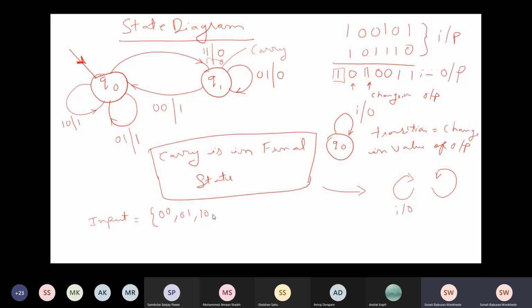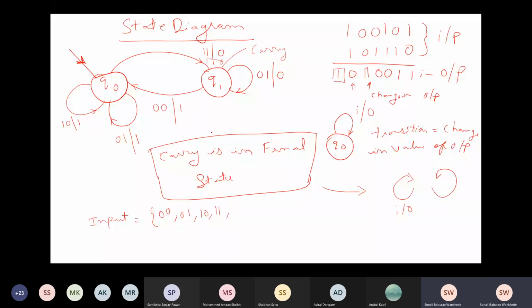And one more thing, you have 1 0. So 0 0 0 1 1 0 and 1 1. And what else? 0 1 we have already written here. 0 0 is also there. So these are the inputs. This many inputs we have.